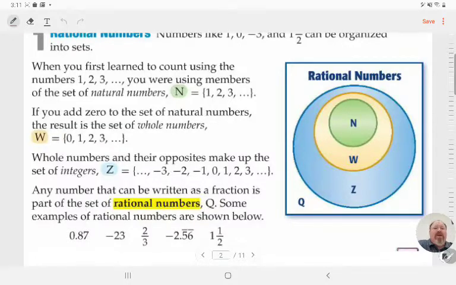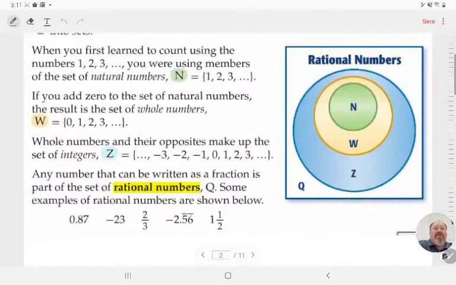And then any number that can be written as a fraction is part of a set called rational numbers, represented by a capital Q. Some examples of rational numbers are shown here. We have terminating decimals like 0.87. We have negative 23, which is a whole number, an integer, and it can be written as a fraction, so it's a rational number.